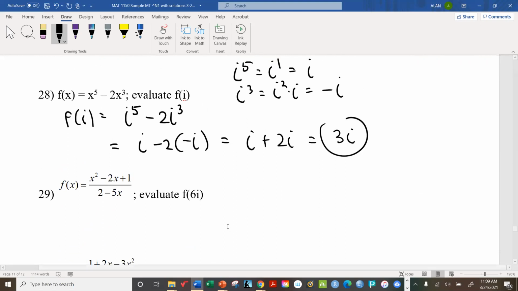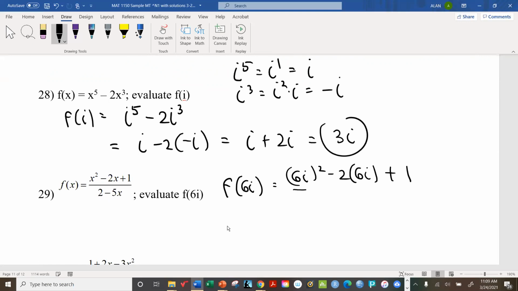All right, let's try this one. I literally just replace all the x's with 6i.